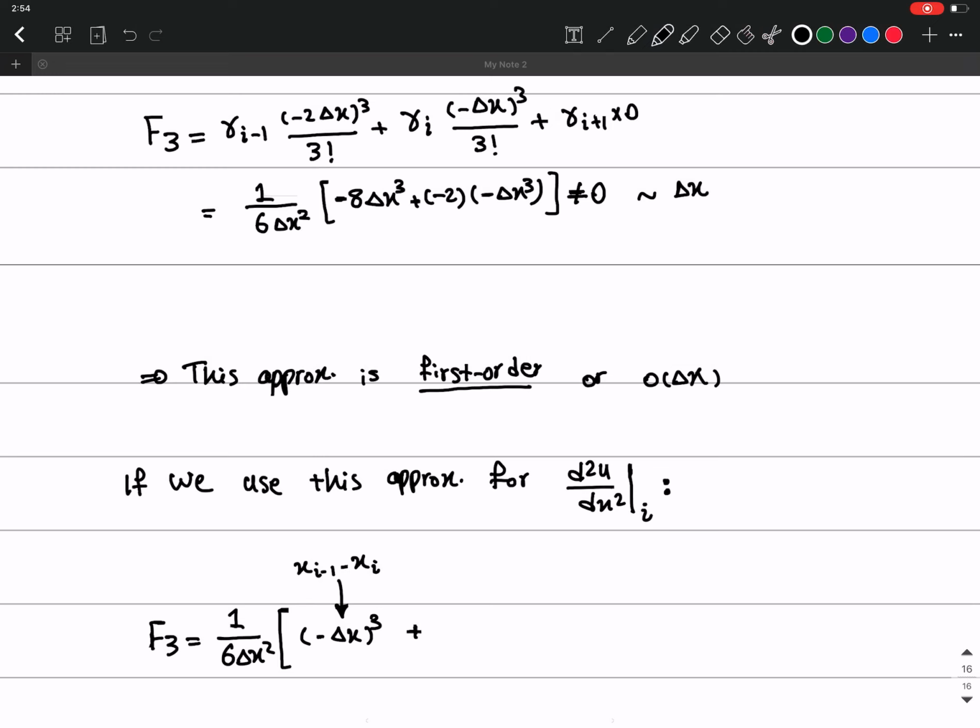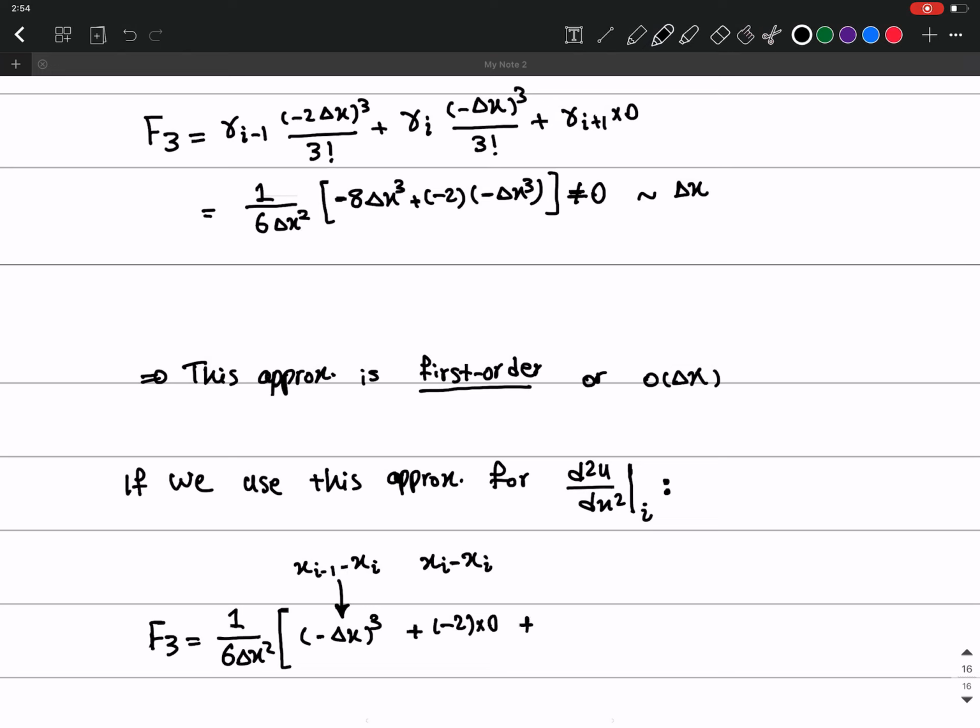Then I have the second term. The second term is xj, which is xi now, minus x star, which is xi. So it's just going to be 0. So it's going to be gamma i times 0, so plus minus 2 times 0.